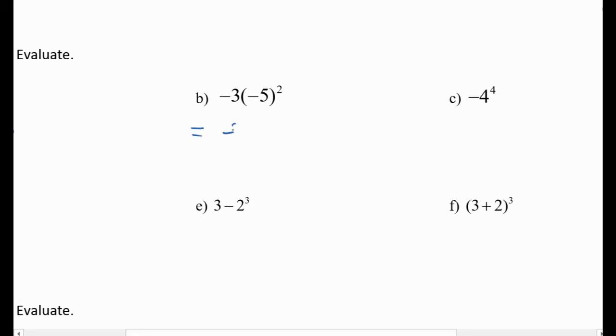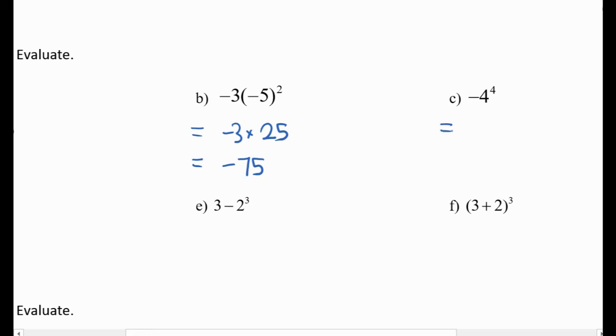So this is negative 3 times positive 25. Okay, so remember, directly in front of the exponent, you have a bracket. So you only repeat the bracket. You do not repeat negative 3 because it's not directly in front of the exponent. All right, negative 3 times 25 is negative 75.